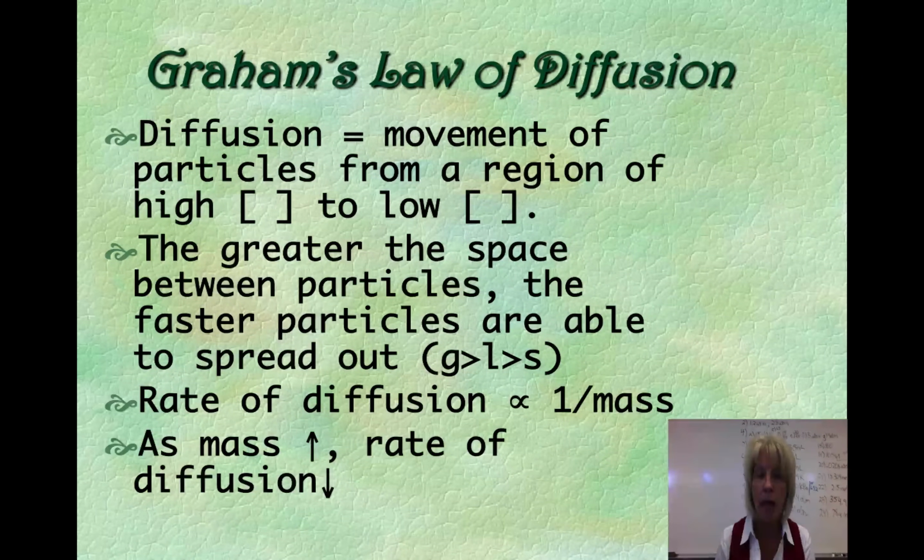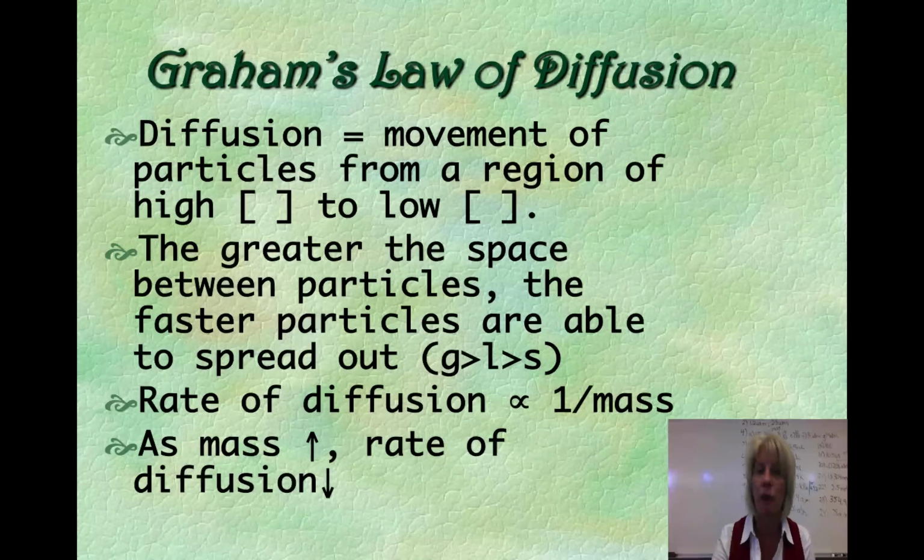The greater the mass, the slower it diffuses. So if the California STAR exam asks you a question such as, which of the following gases will diffuse most rapidly? You're going to pick the smallest molecular weight gas. Lighter gases diffuse faster than heavier gases.